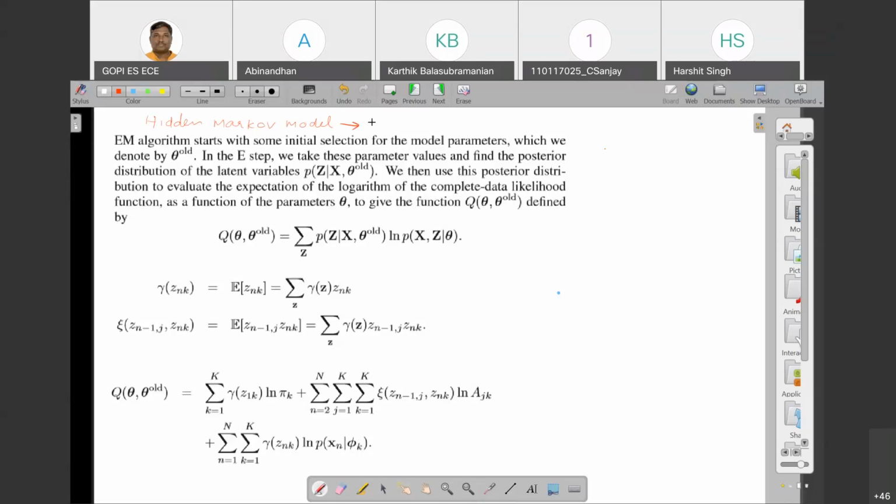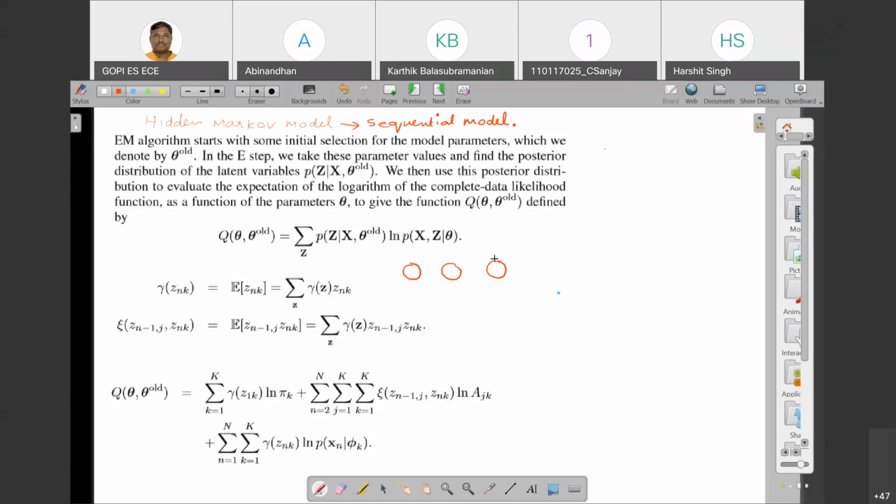This is a sequential model. Right? So we are considering a model like this.